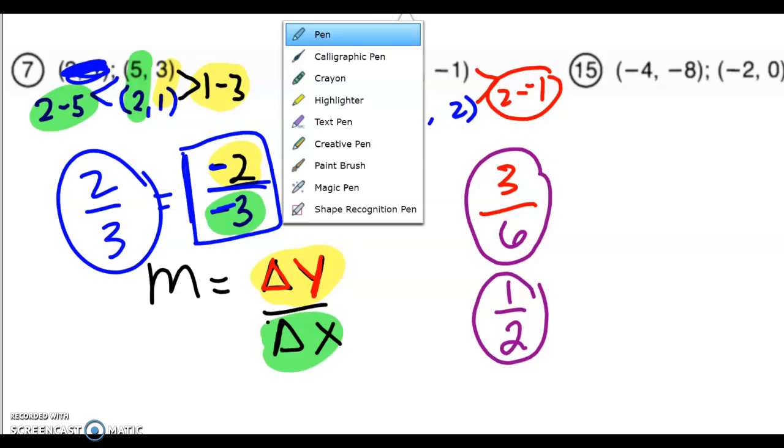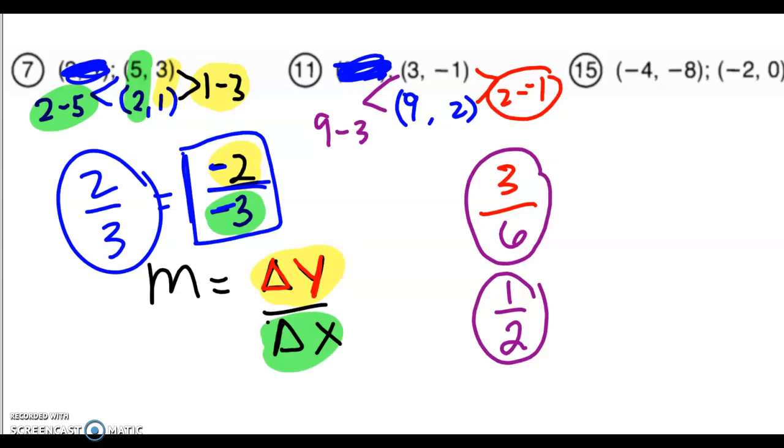Anywho, so let's just review. What did we just do? We did change in y. So we subtracted 2 minus negative 1 to find the change in y over the change in x. So we did 9 minus 3 to get 6.